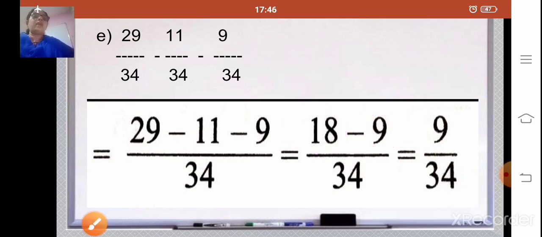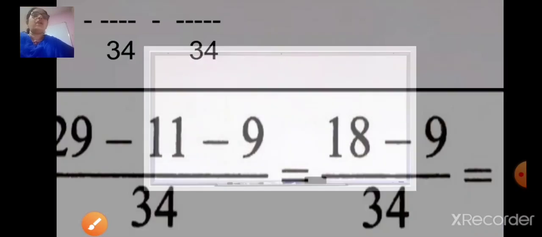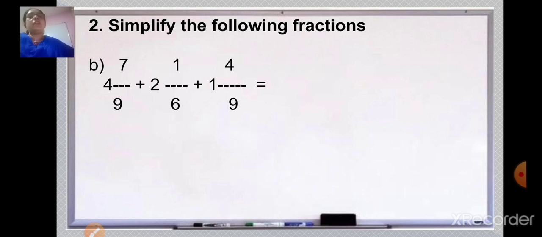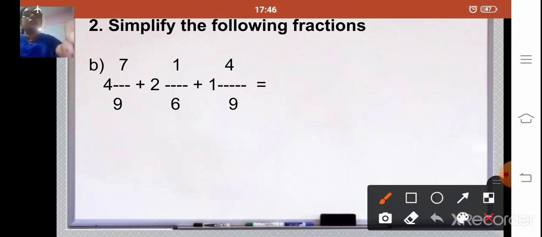Now coming to some simplification of unlike fractions. Second sum, simplify the following fractions, where all the three fractions are mixed fractions: 4 whole 7 upon 9 plus 2 whole 1 upon 6 plus 1 whole 4 upon 9. In this case, first you have to convert all the fractions to improper fractions.